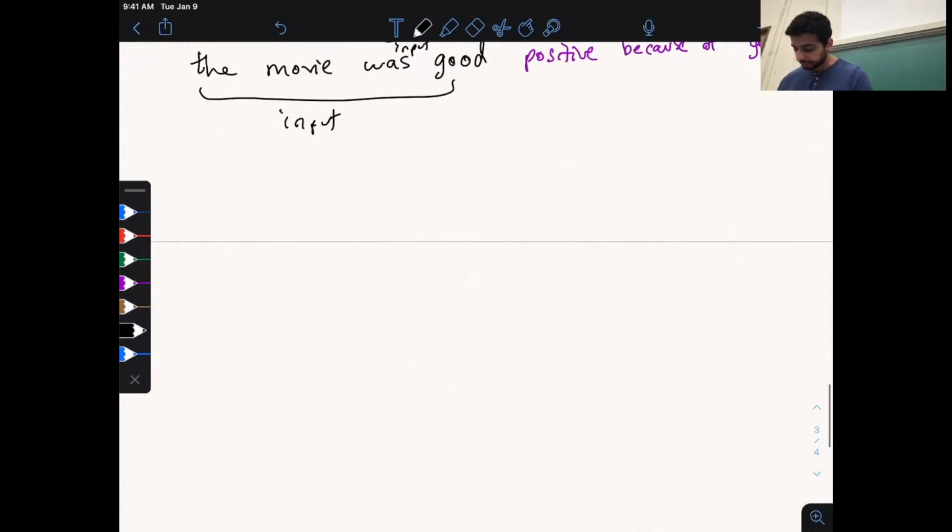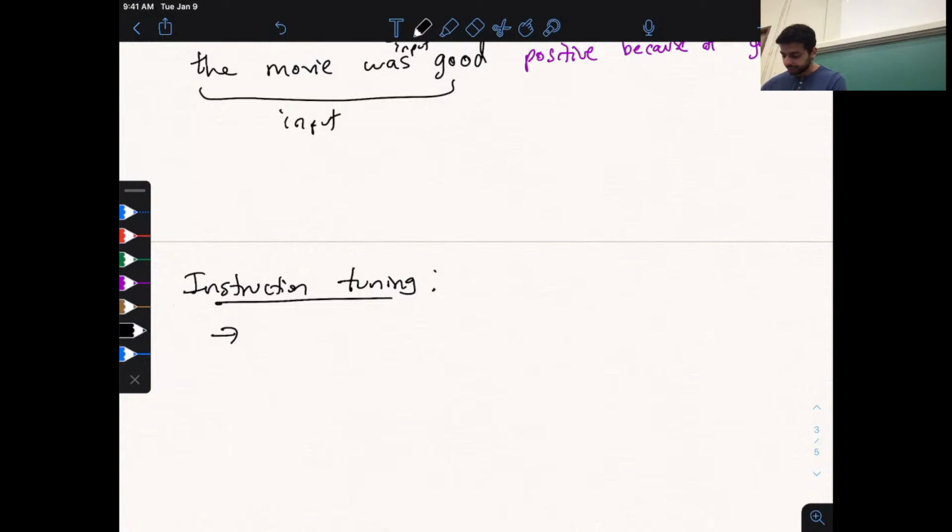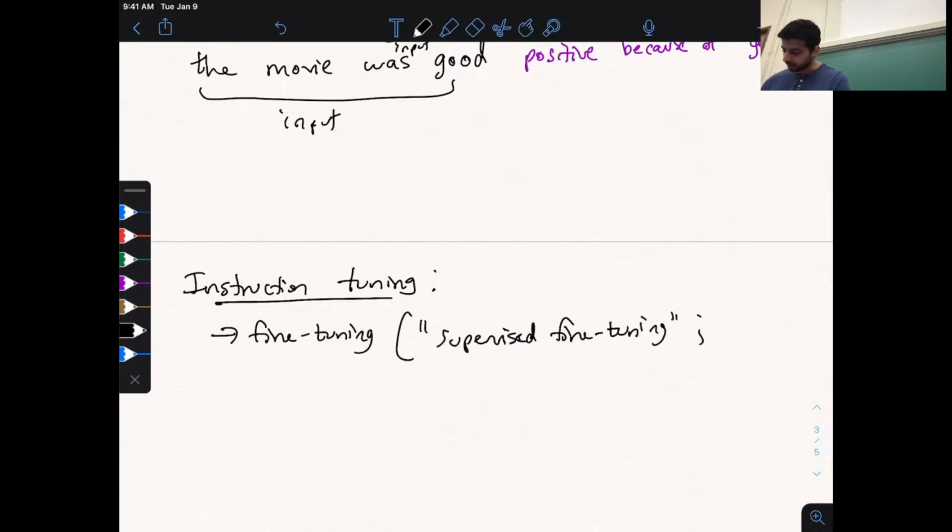And so this is where the motivation for what's called instruction tuning comes in. And so this is basically using fine-tuning. And actually, nowadays in papers and material you might read on large language models, we see fine-tuning referred to as supervised fine-tuning, which is kind of redundant, or even SFT, which is quite a popular acronym.